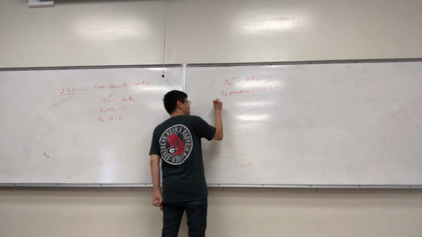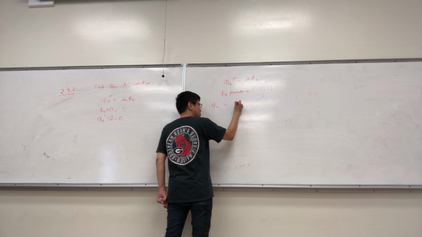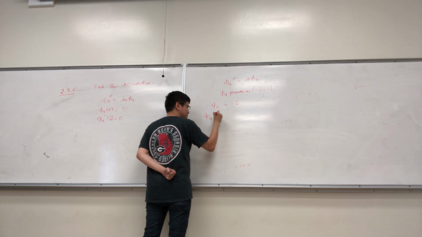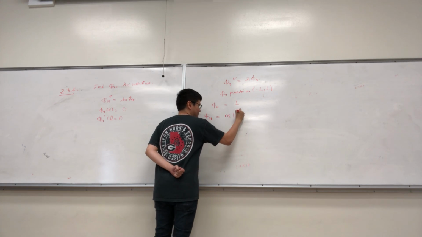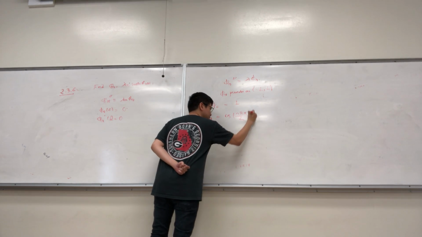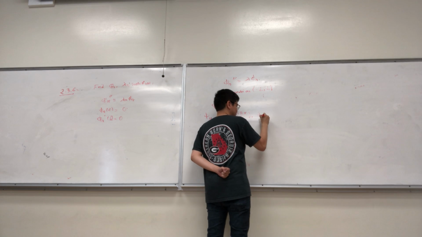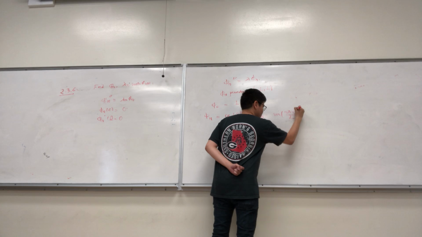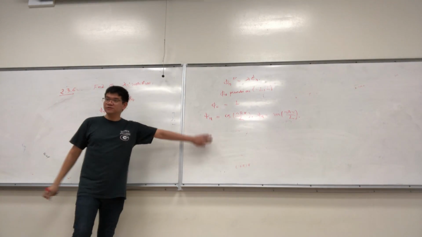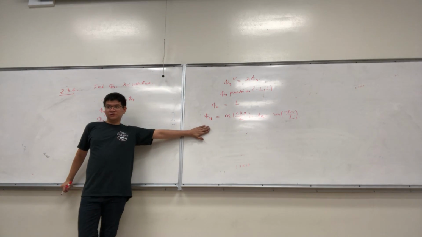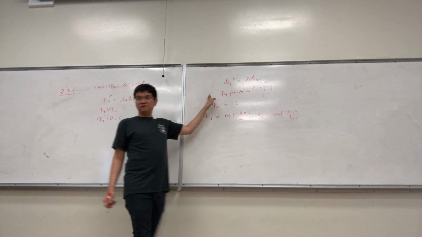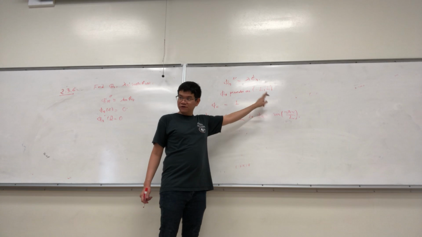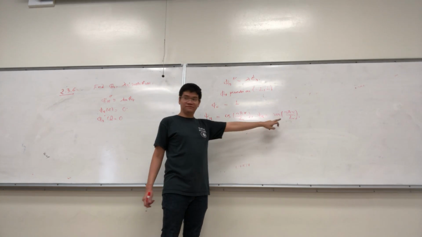Meaning that you have lambda n, 0 is 1, and phi n is either cosinus of n pi x over L, or sinus of n pi x over L. This is what we need for a Fourier series. We consider periodic functions.